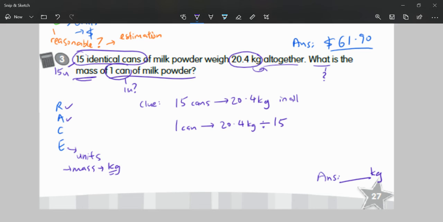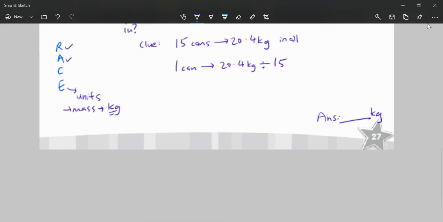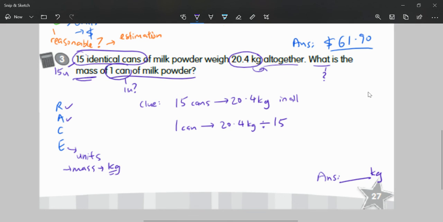Okay, then you have the calculator symbol here. This means that you can use your calculator to press 20.4 divided by 15. That also means that this particular question is actually testing whether you can understand the word problem and then use the correct operation. In this case, after you press the calculator, 1.36. Do not forget the units, 1.36 kilograms.